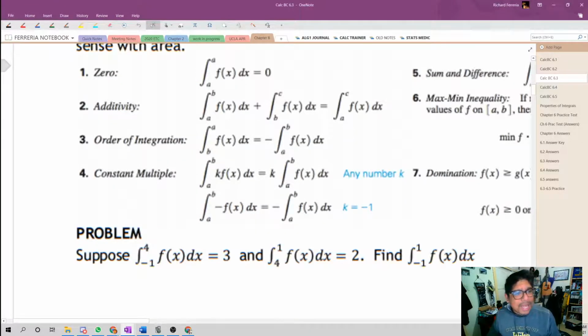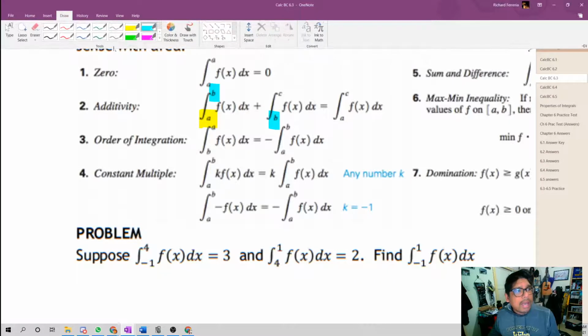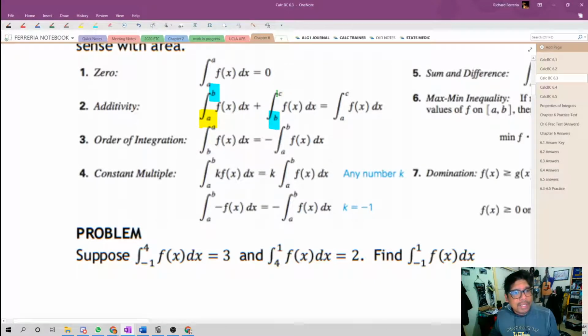This next one here is additivity, and to do additivity, let's say we start our integral at a and then we end it at b. To that, we add another integral of the same function that starts at b and ends at c. So you notice how the upper limit of the first integral matches with the lower limit of the second integral.